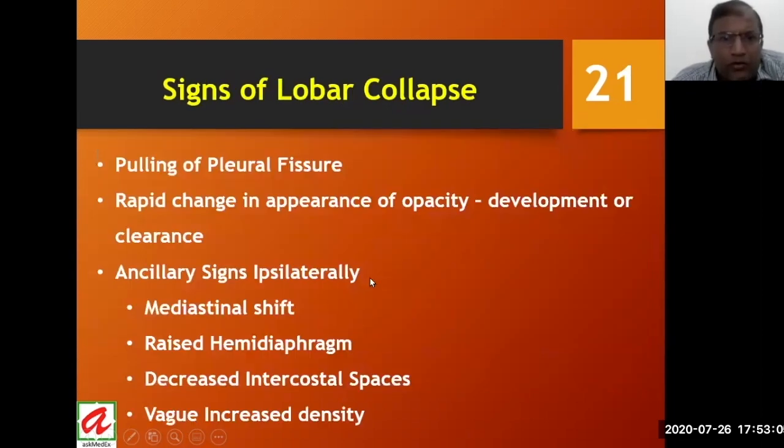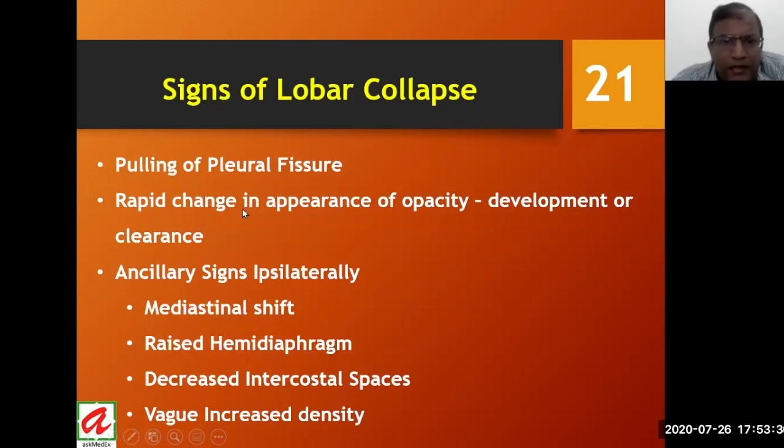Now, once we know what consolidation is, we should also know what lobar collapse is. Often lobar collapse is diagnosed by seeing the ancillary signs or the signs of collapse. So what are the signs of loss of volume and collapse? It is pulling of the pleural fissures, that the fissure is pulled ipsilaterally to the opacity.